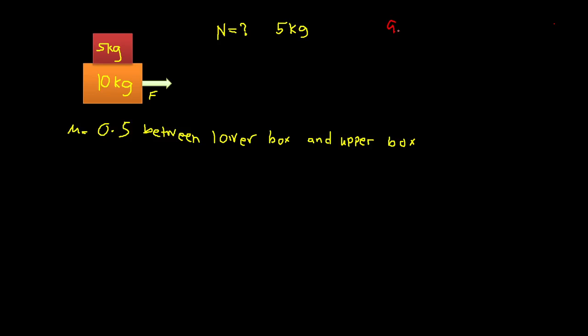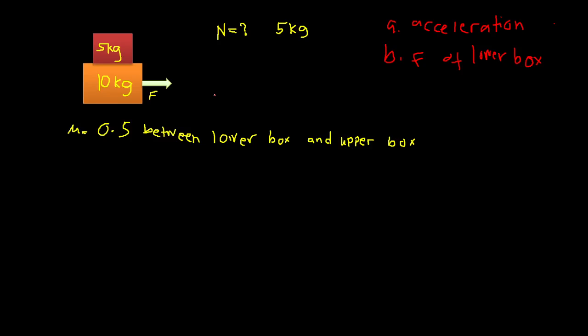So A, find the acceleration. And then B is the force of lower box. Okay, so as I have said kanina, there is no relative motion between upper and lower box.